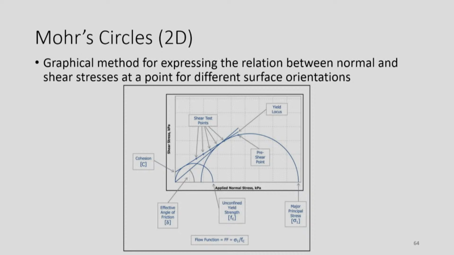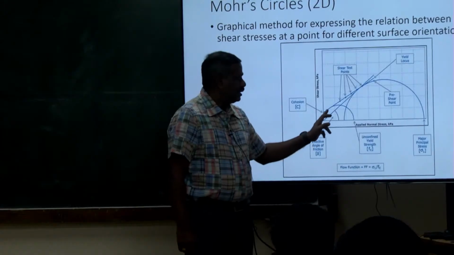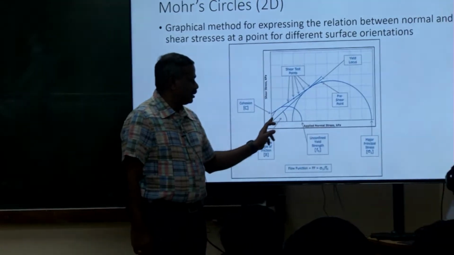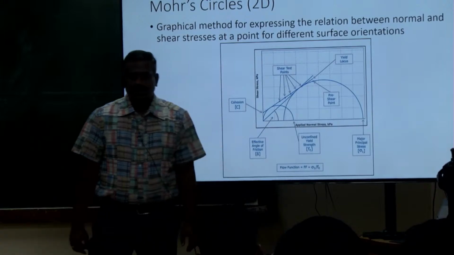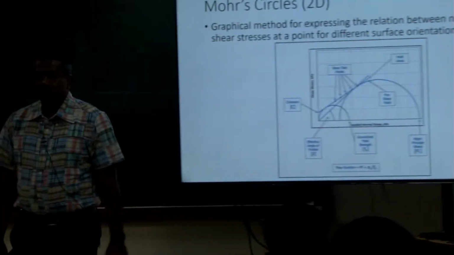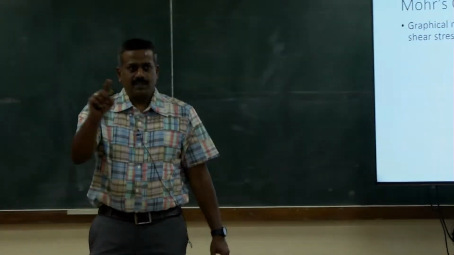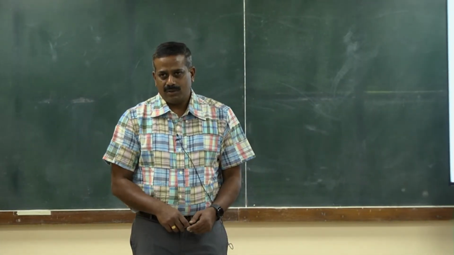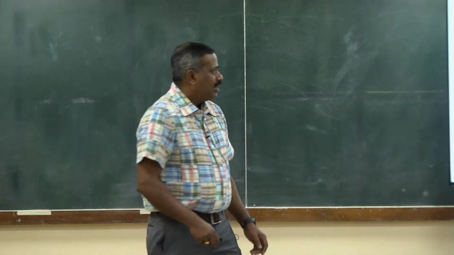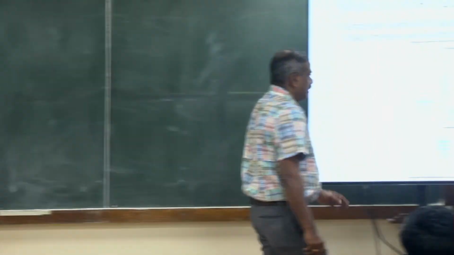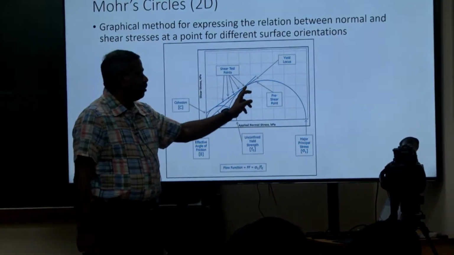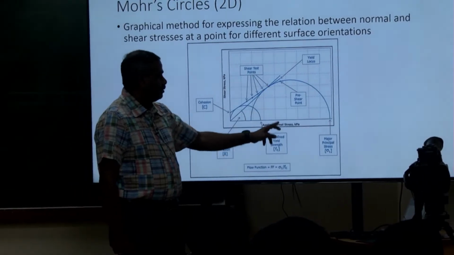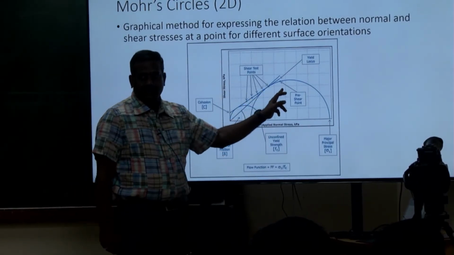For the minor Mohr circle, you start from the origin and just touch the yield locus line, and then draw the circle. The major Mohr circle will touch at the end point of the relationship between applied and shear stress.